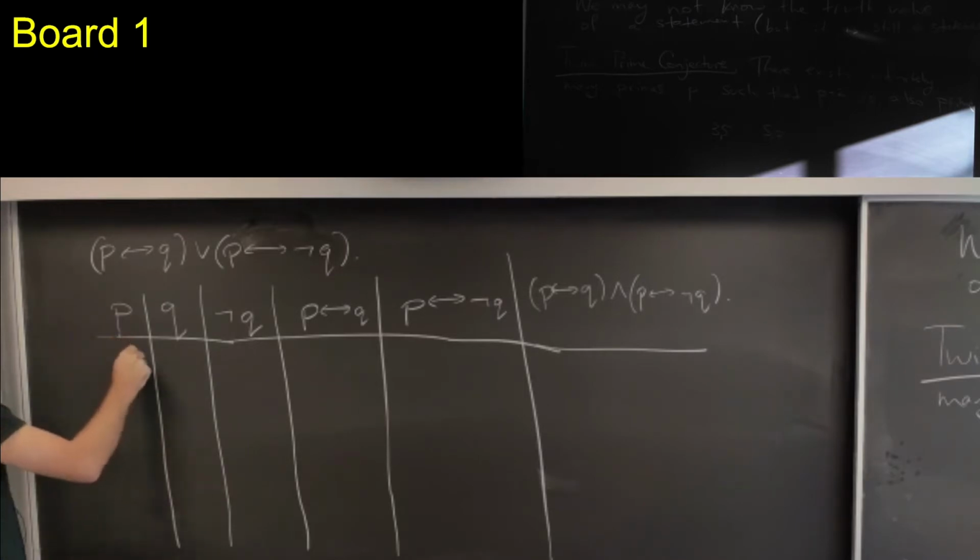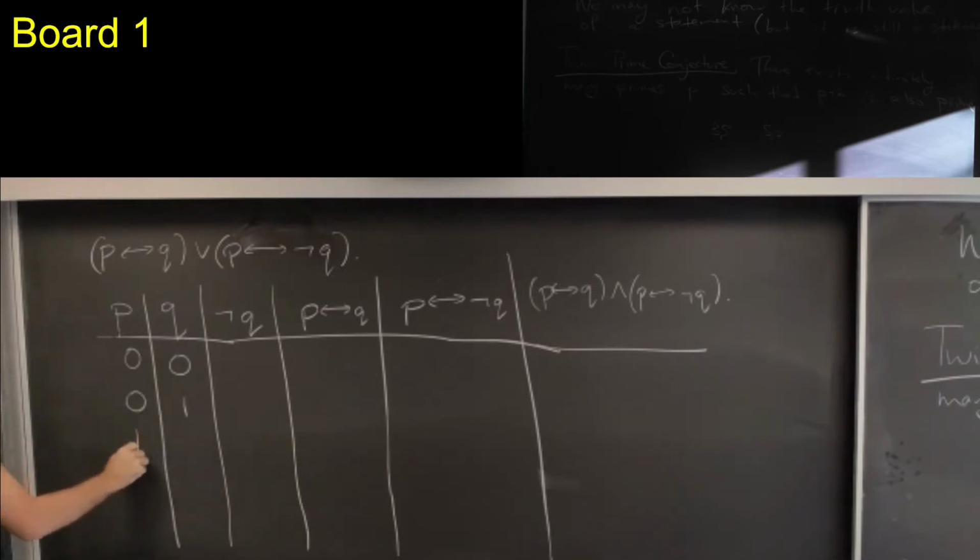In this case, it's pretty simple. They're either both false, or P is false and Q is true, or P is true and Q is false, or they could both be true.